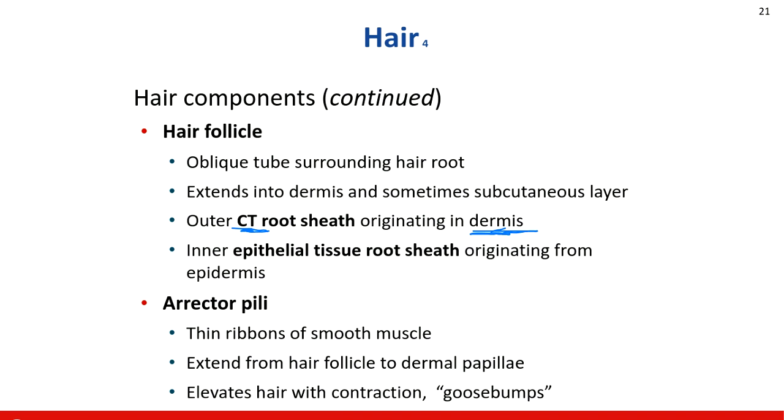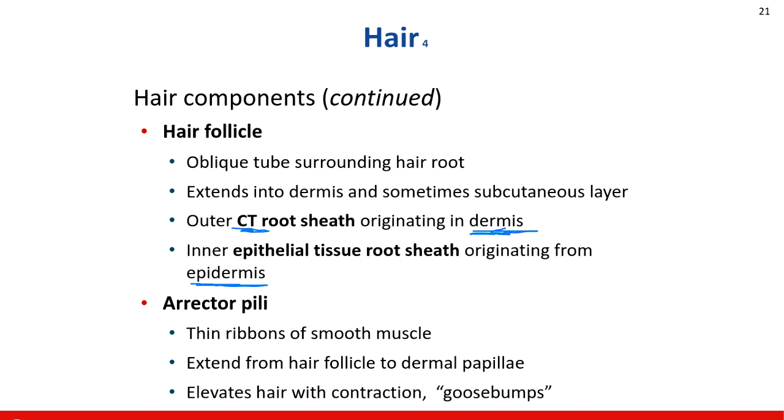But the actively growing tissue inside of it, believe it or not, comes from the epidermis. Nails and hair are actually epidermal derivatives. They come originally from the same tissue as the epidermis, but through development they've invaginated themselves down into the dermis.